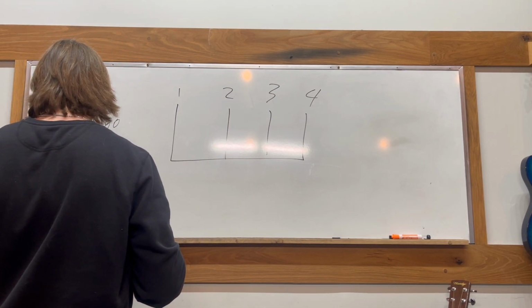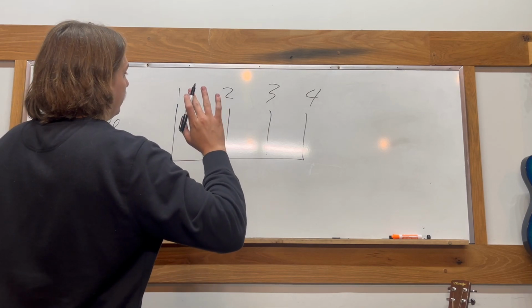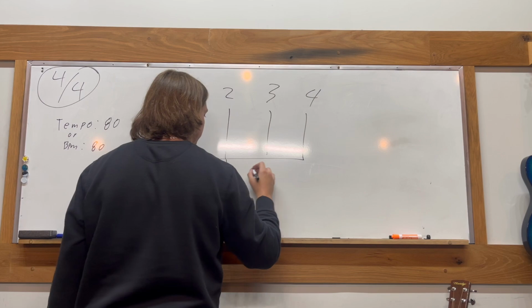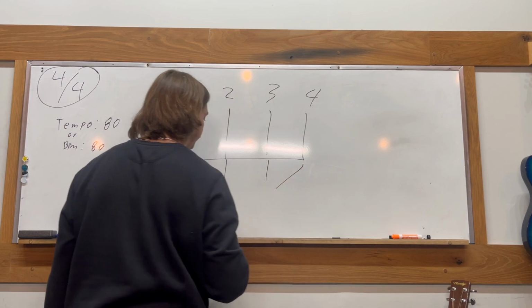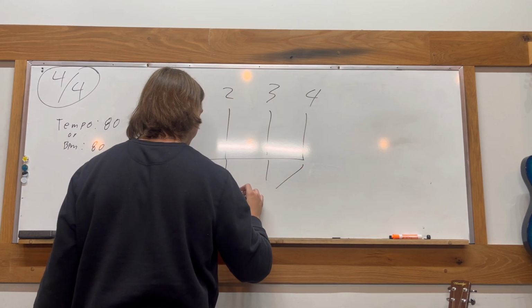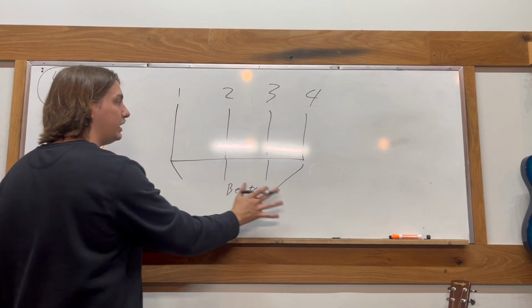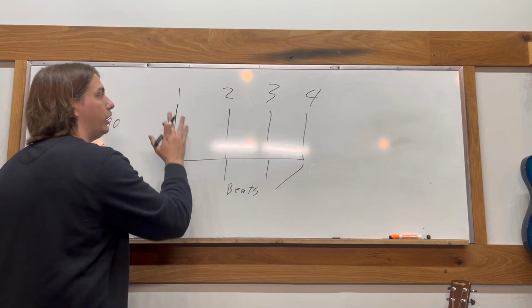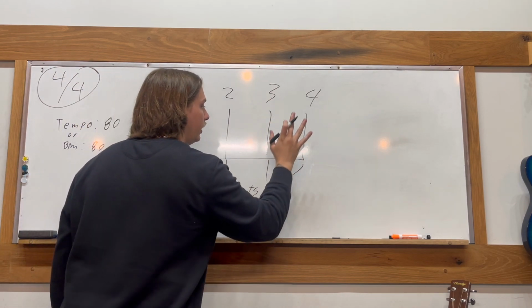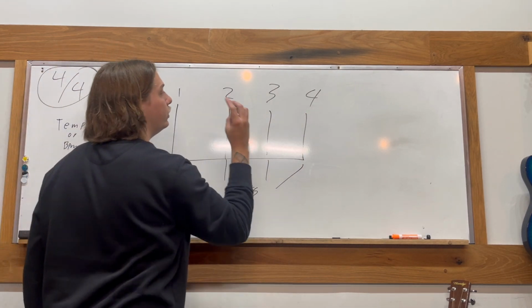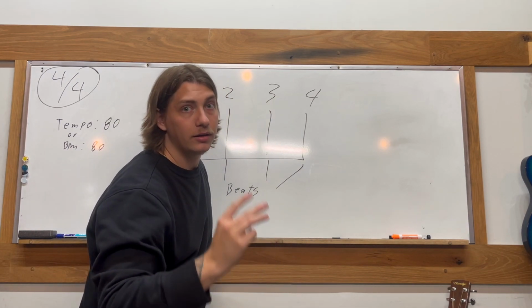Now, when we talk about these beats, each of these is a beat. So if we go 1, 2, 3, 4, that's 4 beats. If I went like this, 1, 2, 3, how many beats is that? 3 beats.